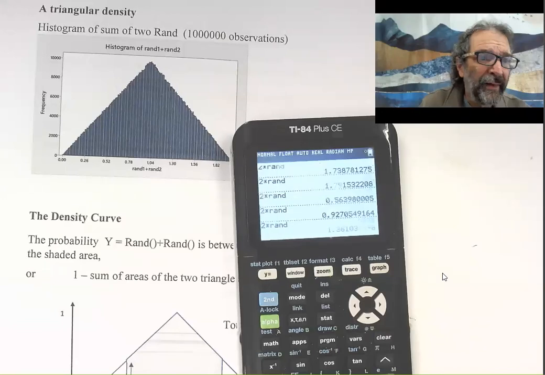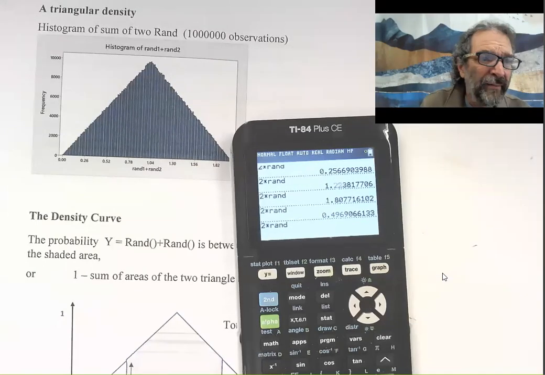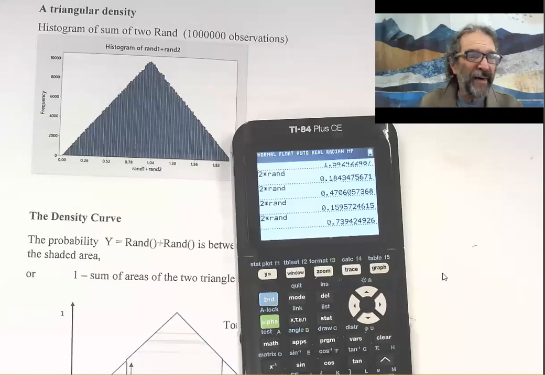It's pretty hard to tell the difference. I think those 0.5s didn't happen before. 0.25s aren't happening. So here we should be more likely to get big. There's a small number. I don't know. Rand plus rand might have been working. I can't tell. But I did it on my computer.